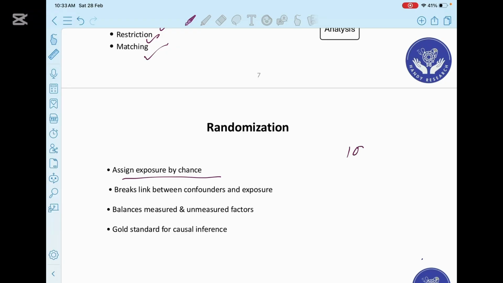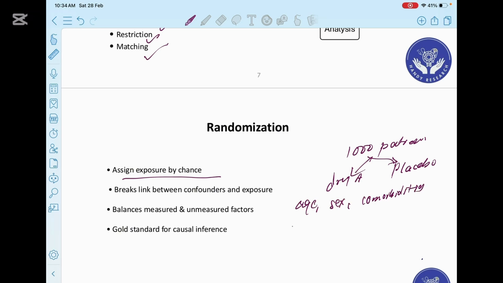If we randomize 1000 patients to drug A and placebo, age, sex, and different comorbidities all tend to distribute equally between groups, because we did randomization. That is why randomized trials are powerful for causal inference.